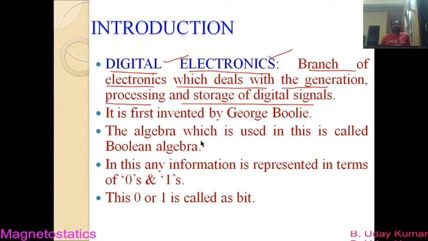In digital electronics any information is represented in terms of zeros and ones, and any one of them, that means the 0 or 1, is called a bit. So try to understand it.